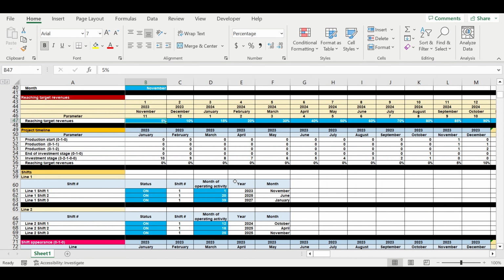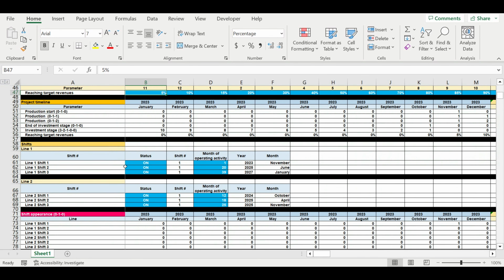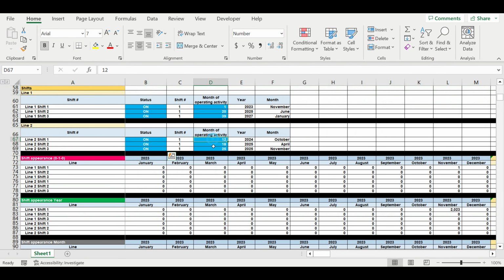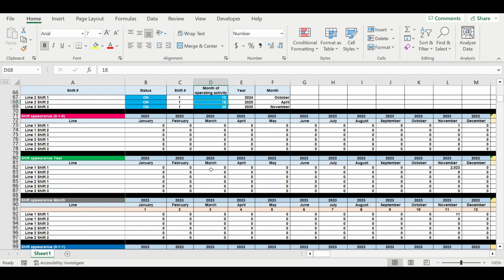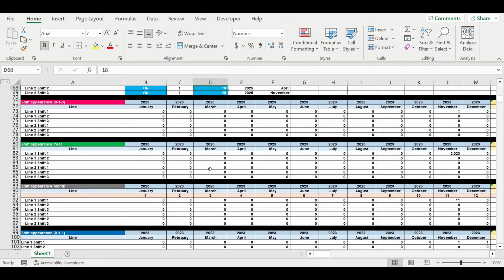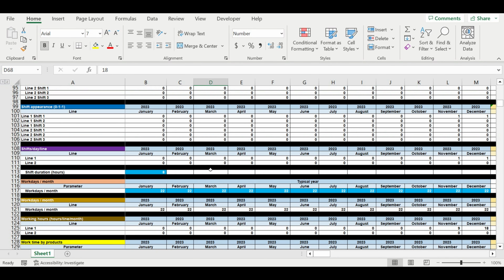Then we focused on the assumption that we may have 3 shifts for each line. We can switch them on and off and set up when each shift occurs from the moment of operating activity. Then we set up the amount of hours inside one shift.